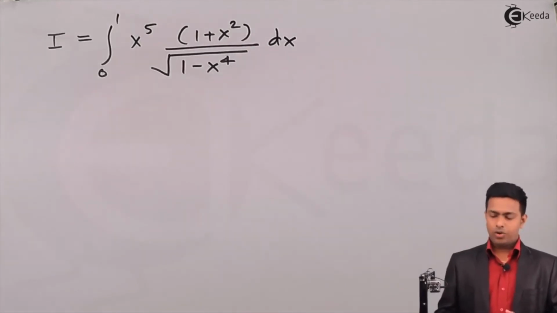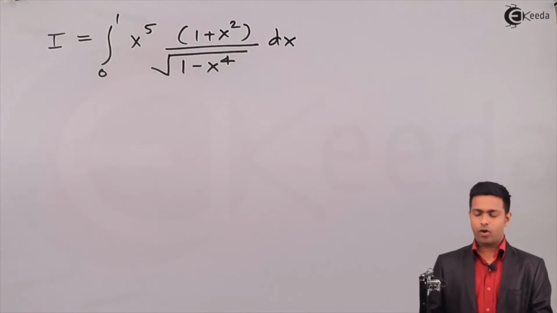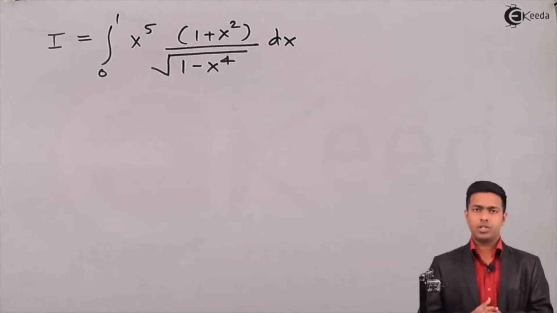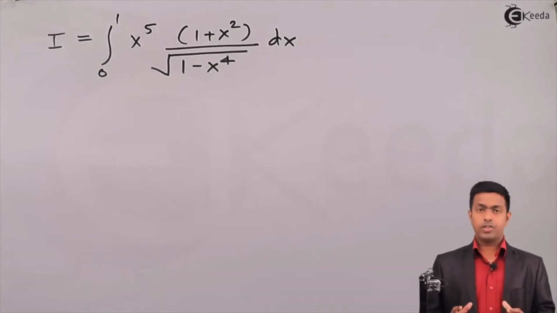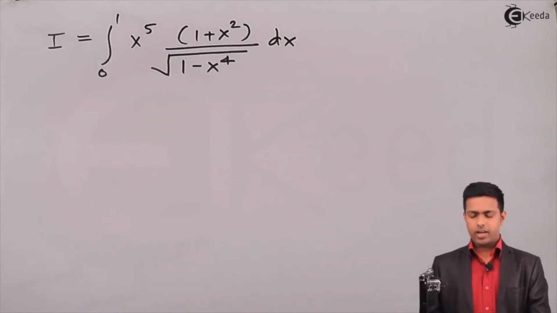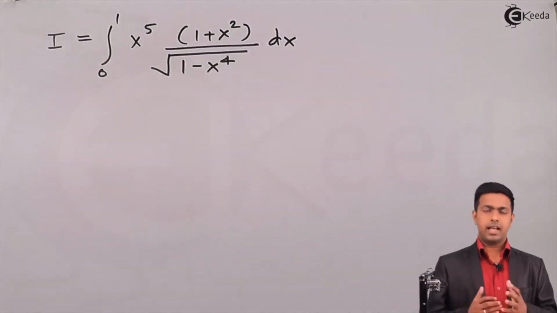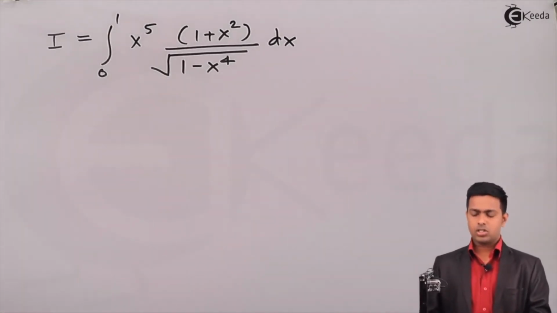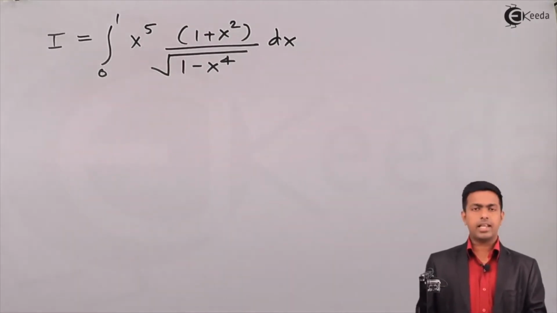Now guys, we'll solve this integration by substitution, and for this we will do the substitution of trigonometric terms. So what should we substitute? Since we have limit from 0 to 1, we will substitute either sine or cos, because we know that sine inverse of 0 is 0 and sine inverse of 1 is pi by 2.